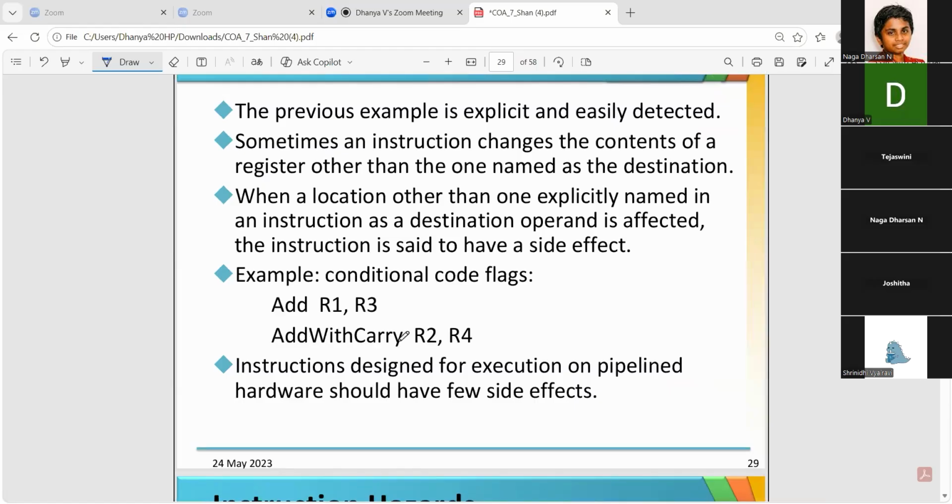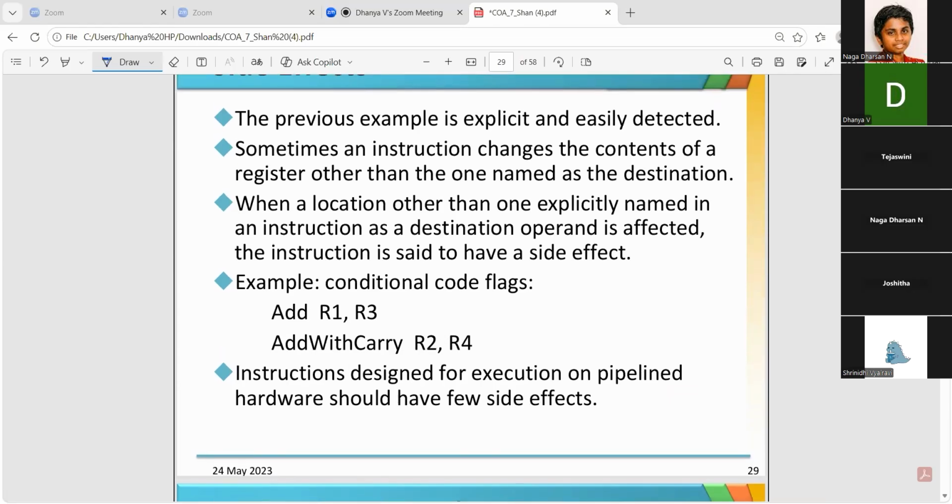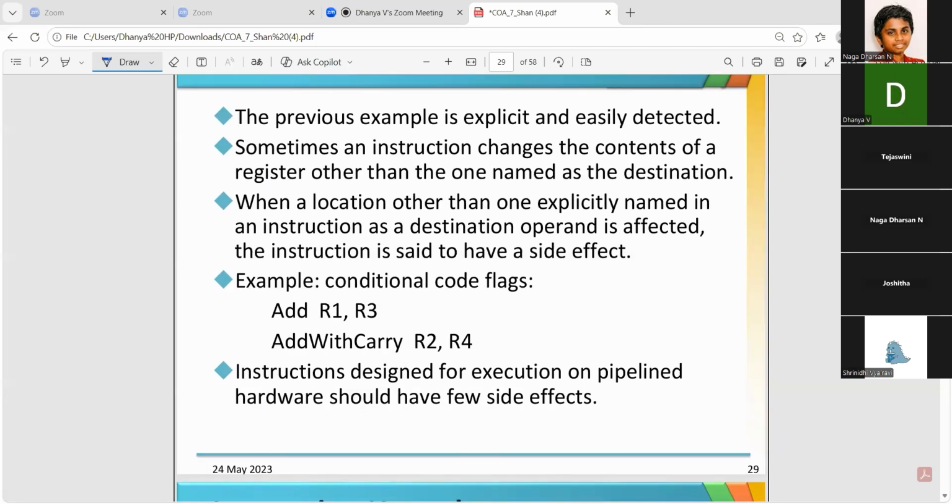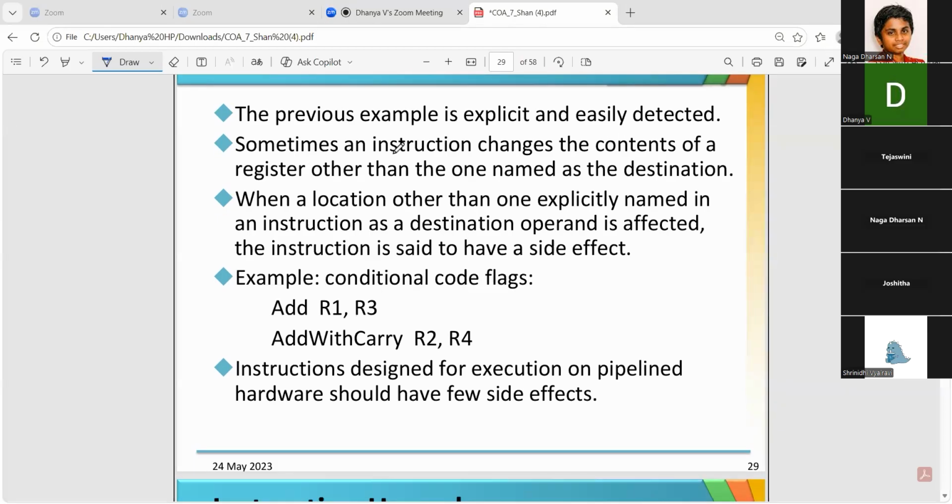Sometimes you need to wait for that also to happen. So when a location other than one explicitly named in an instruction is affected, the instruction is said to have a side effect.